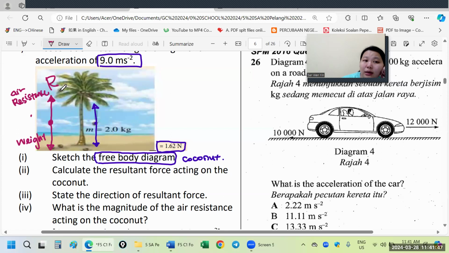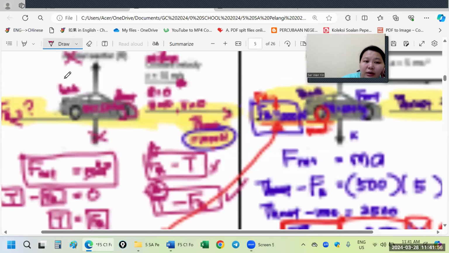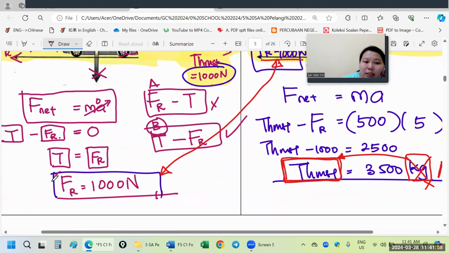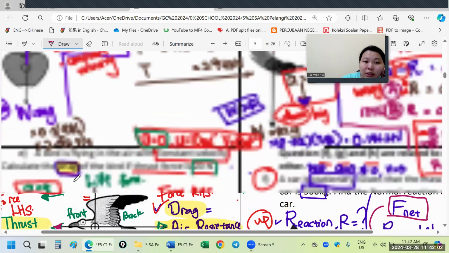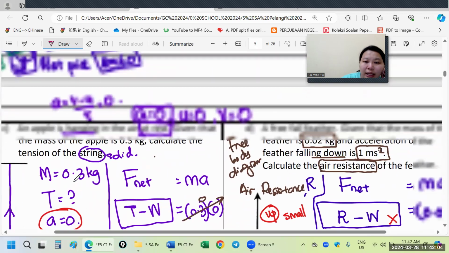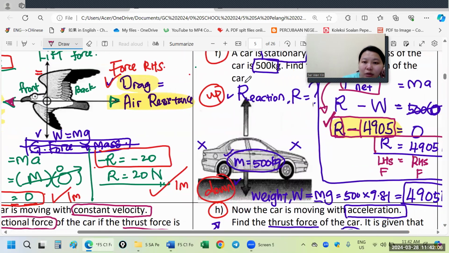See, there is air resistance. Normally we don't write R, sorry. We write FR, because FR could be air resistance, could be friction. Normally R we write for normal reaction.